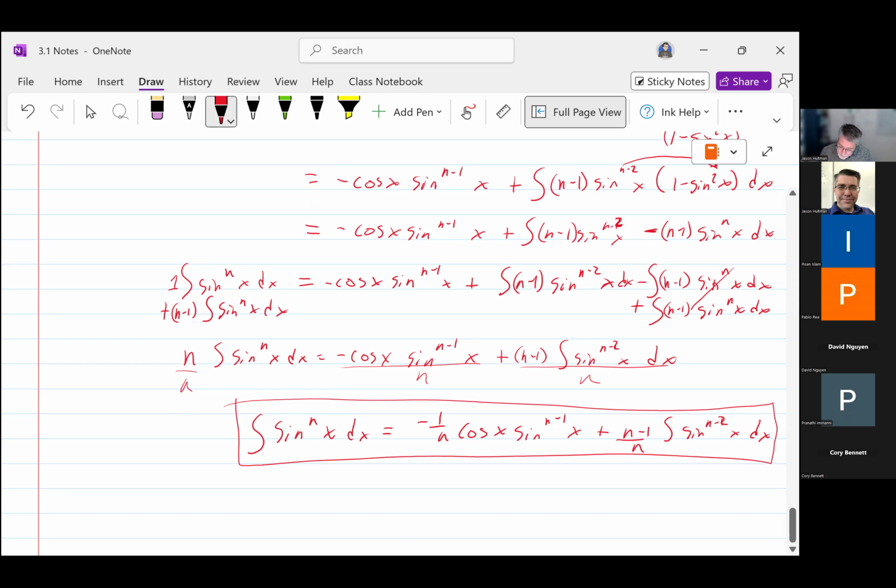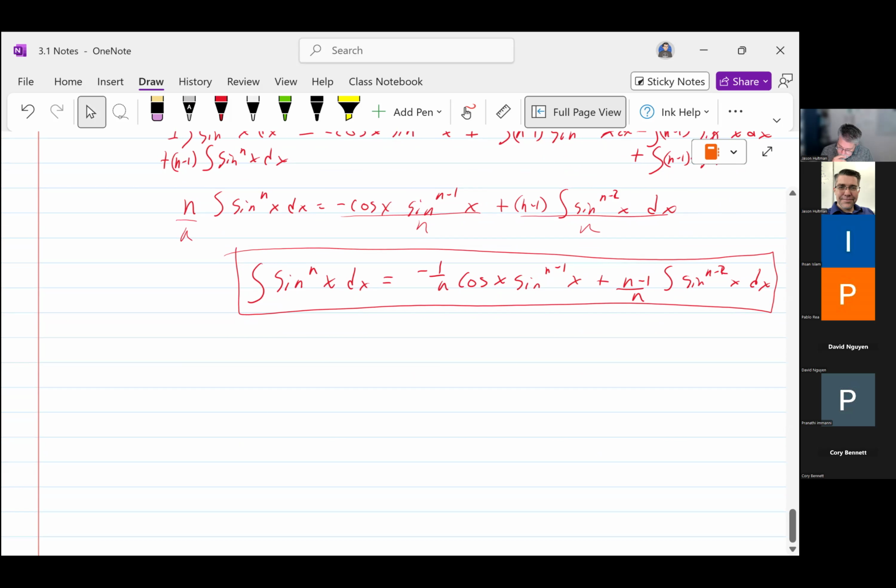Now, how would we use this power reducing formula? Well, let's say that we have the integral of sine squared x dx. In this case n is 2.